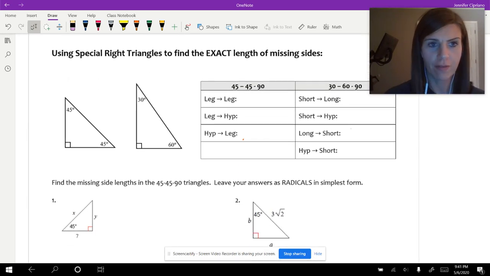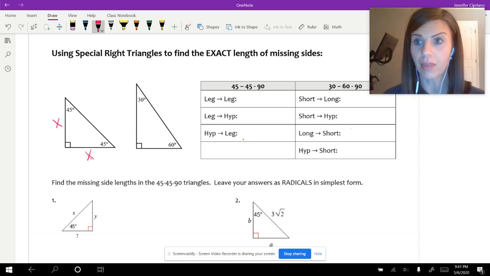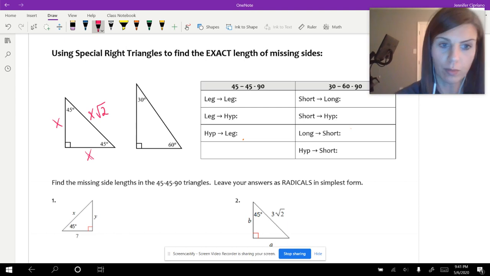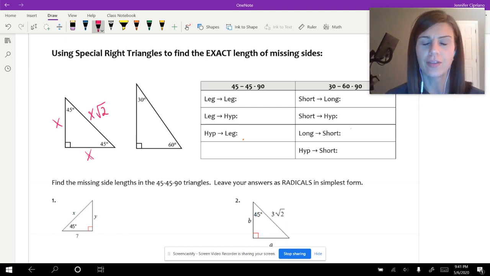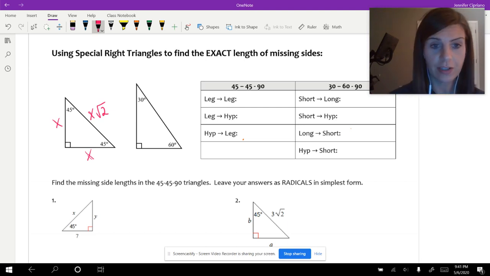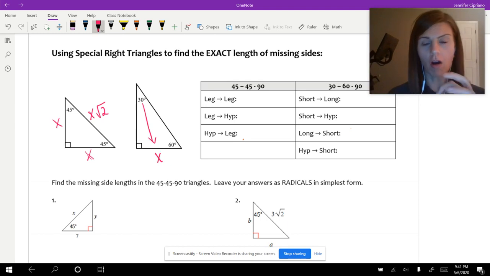In a 45, 45, 90 triangle, our 2 legs are always going to be the same. And then the hypotenuse is always going to be that measurement times the square root of 2. In the 30, 60, 90 triangle, across from the 30-degree angle, our short leg, that's always going to be our basis for the other 2 sides.